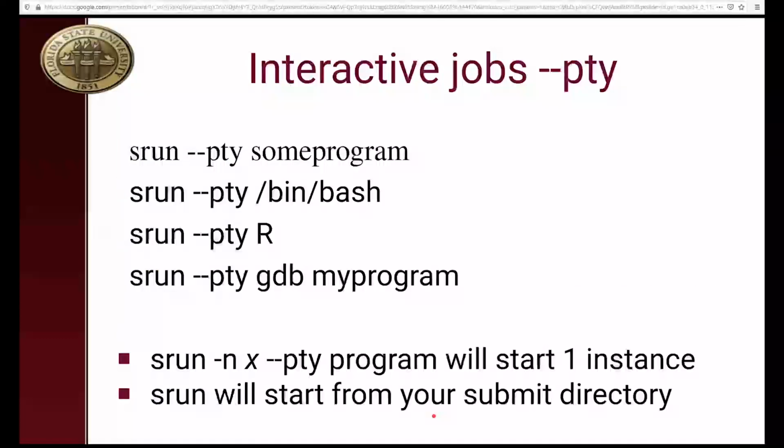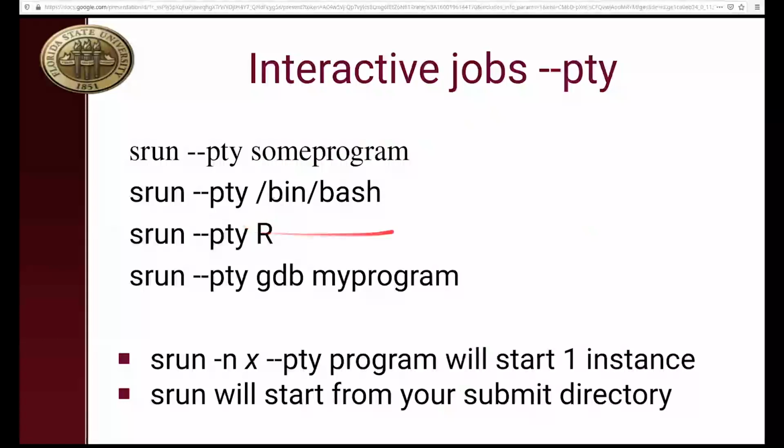So, interactive jobs. I said srun starts a program interactively, but to really be interactive so that you can type, you have to allocate a pty. In Linux talk, it's a pty, a pseudo-terminal. I think the p is physical, but I'm not sure. So to run an interactive program, you have to use srun --pty and then your program.